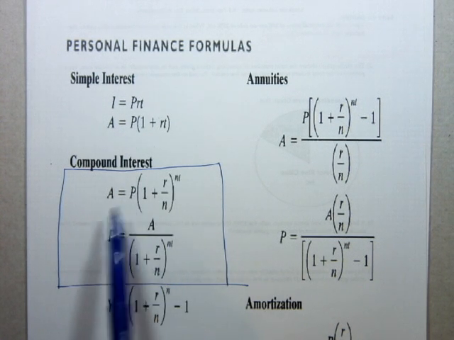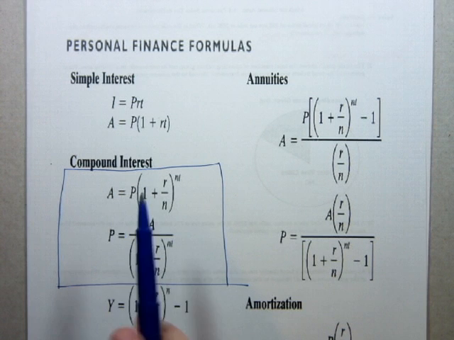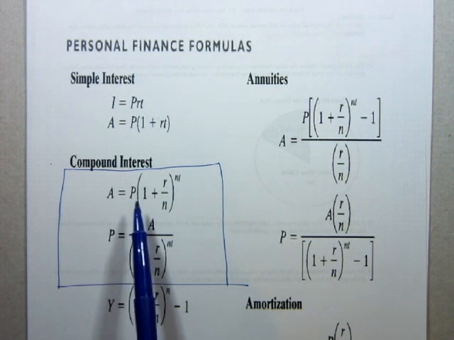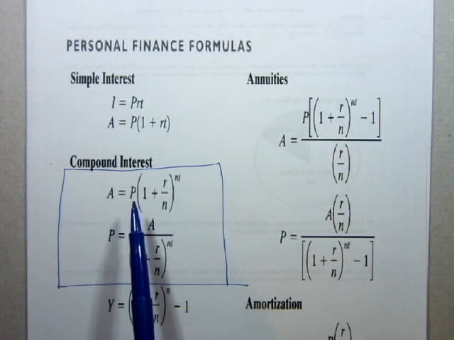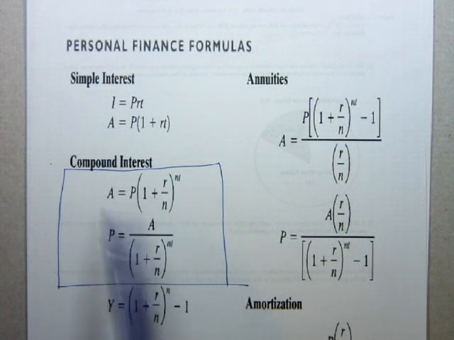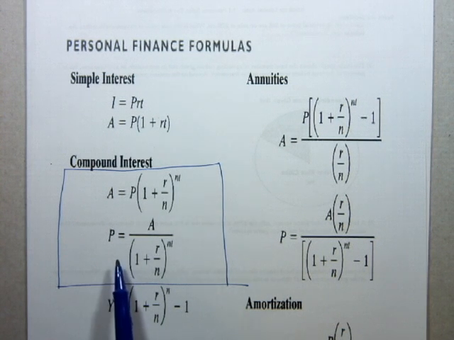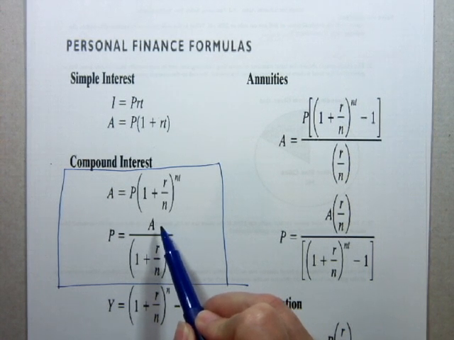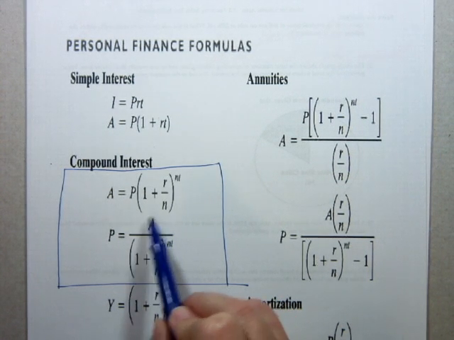This one, if I say you invest $10,000 at 5% interest compounded monthly for 6 years, you would use this formula. If I say I need $10,000 in 8 years, now I'm giving you the amount that I need.